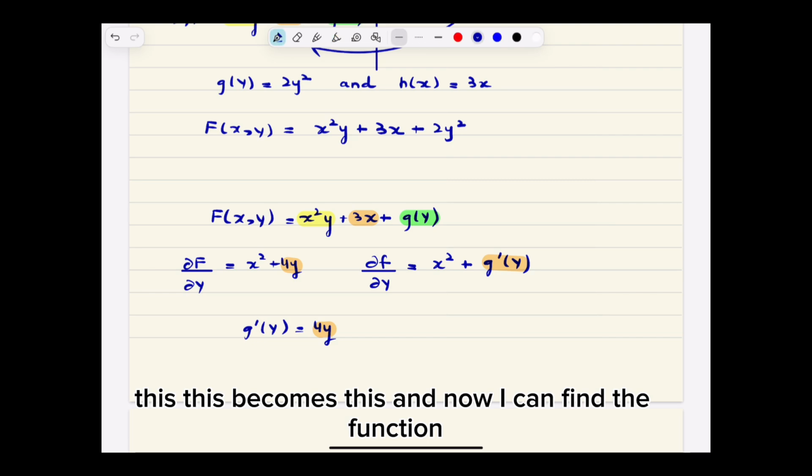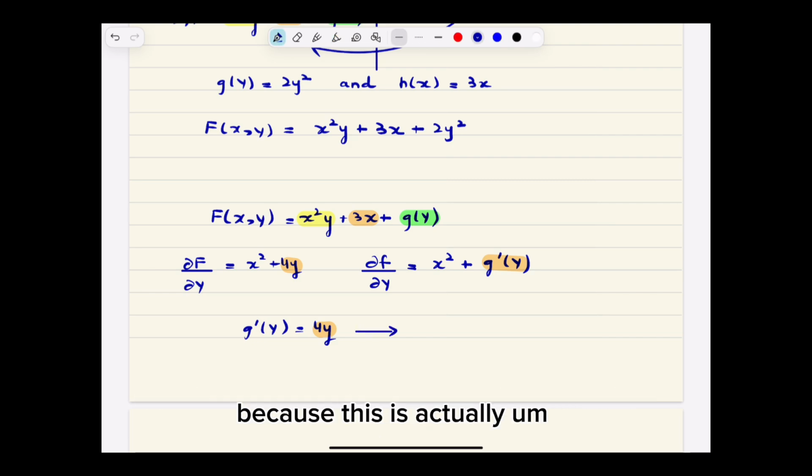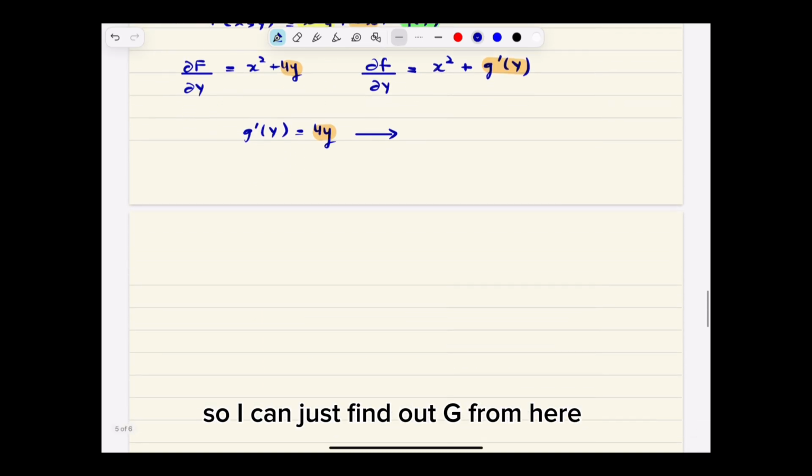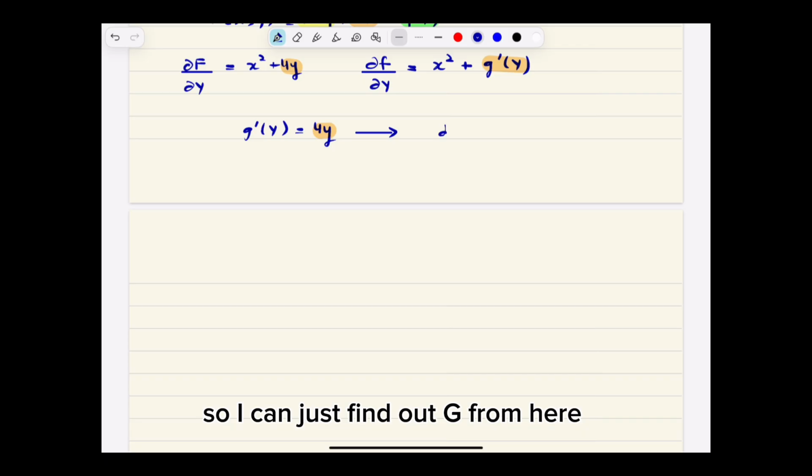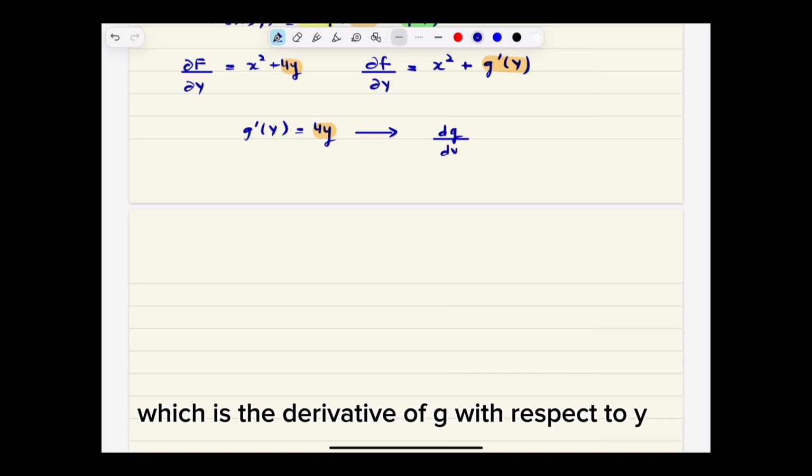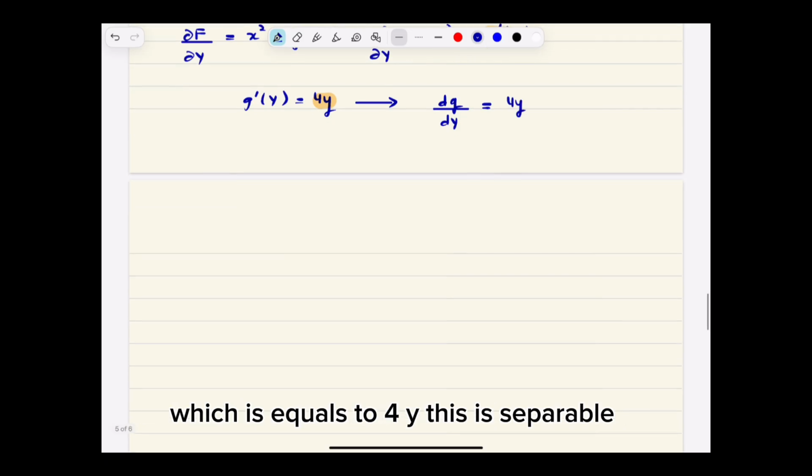Now I can find the function, because this is an easily separable equation. I can just find g from here, because this is basically dg over dy, the derivative of g with respect to y, which is equal to 4y. This is separable.